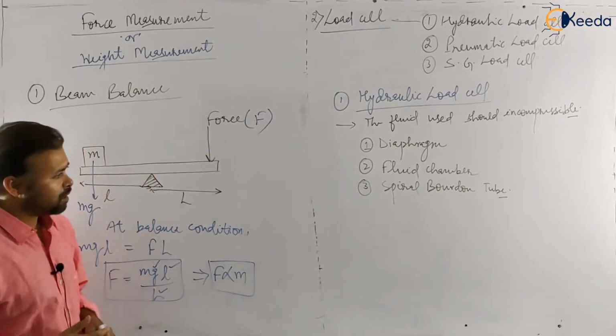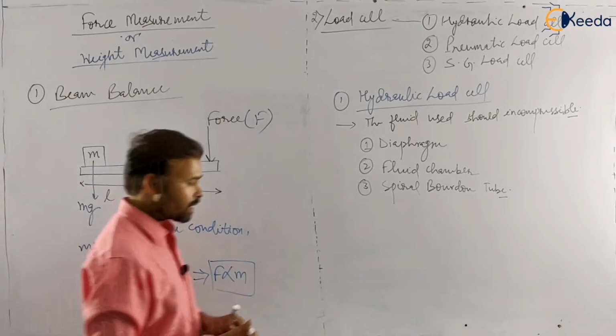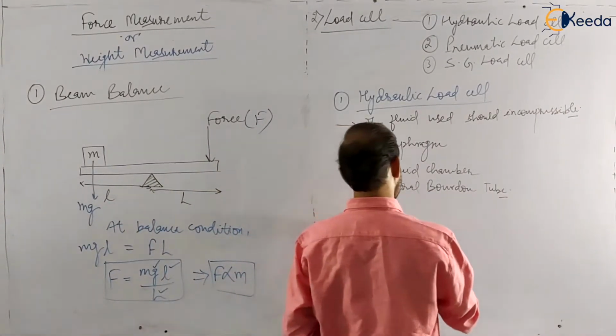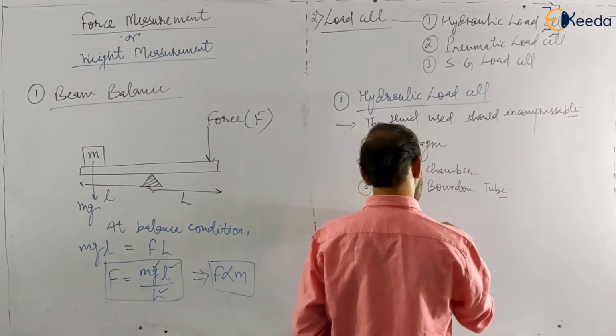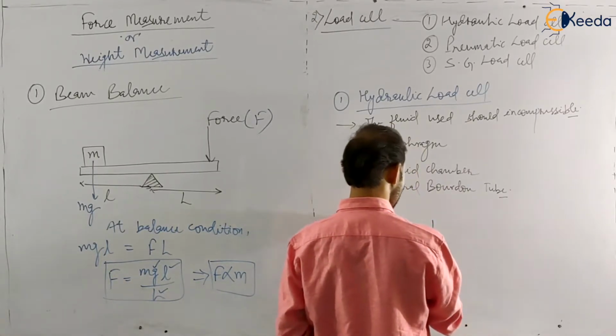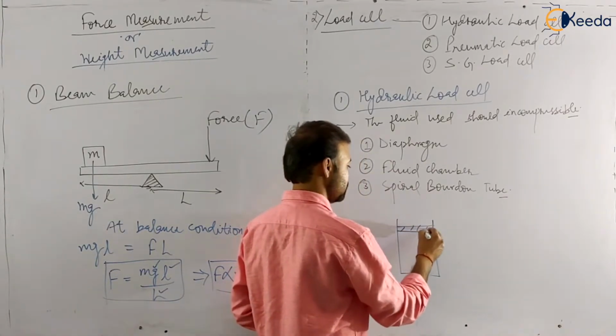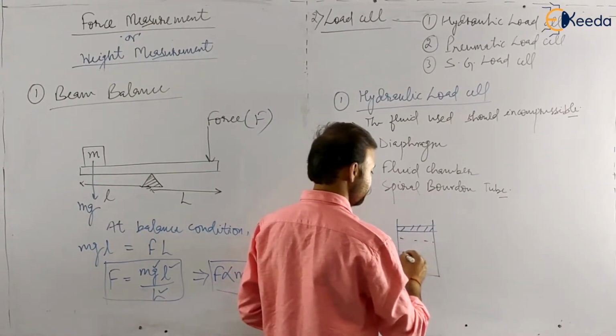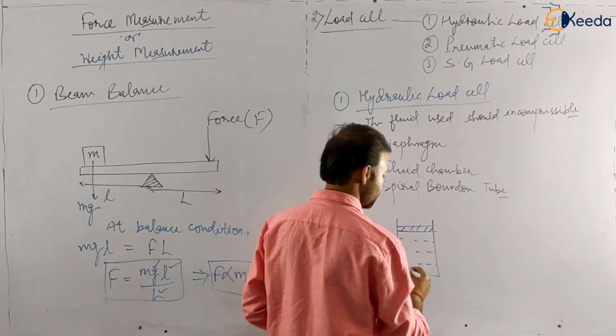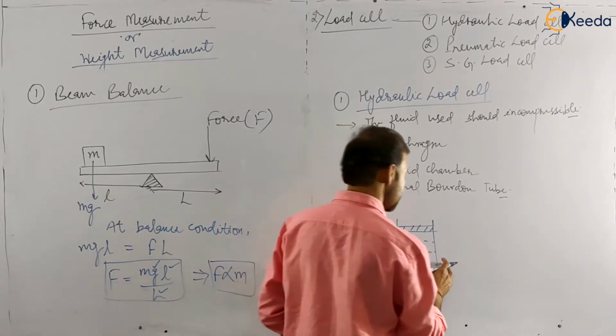So if we draw the schematic diagram of the hydraulic load cell, it will be something like this. This is the fluid chamber. This is the diaphragm. In this, some fluid is present, and the fluid should be incompressible.